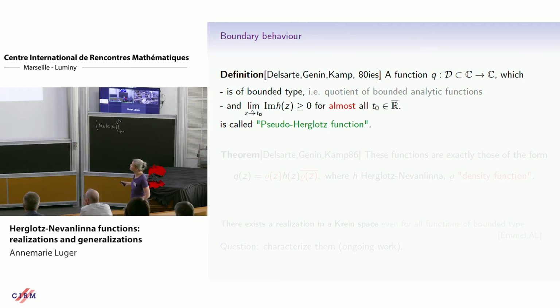But anyway, a function of bounded type means a quotient of bounded analytic functions. Herglotz-Nevanlinna functions are of this type, but now we have to assume it additionally. And that this limit that we're looking at before is still larger or equal than 0, but now for almost all points on the boundary. So you see the example that we have looked at here belongs to this class.